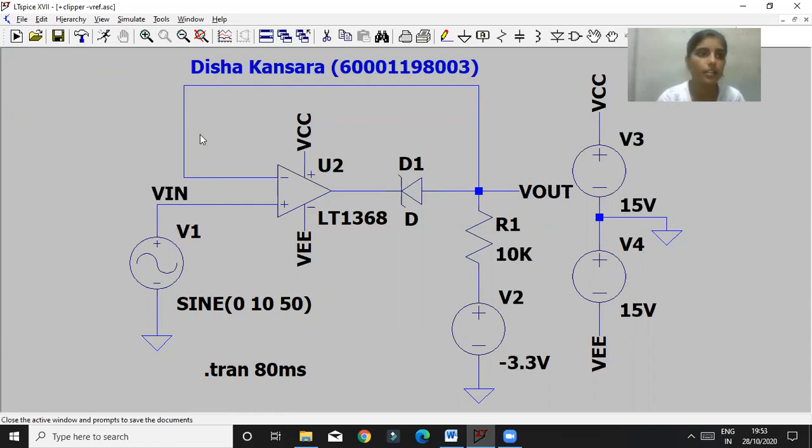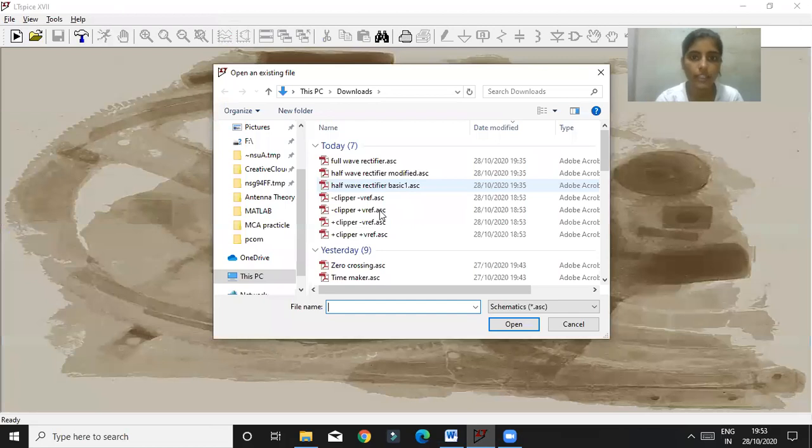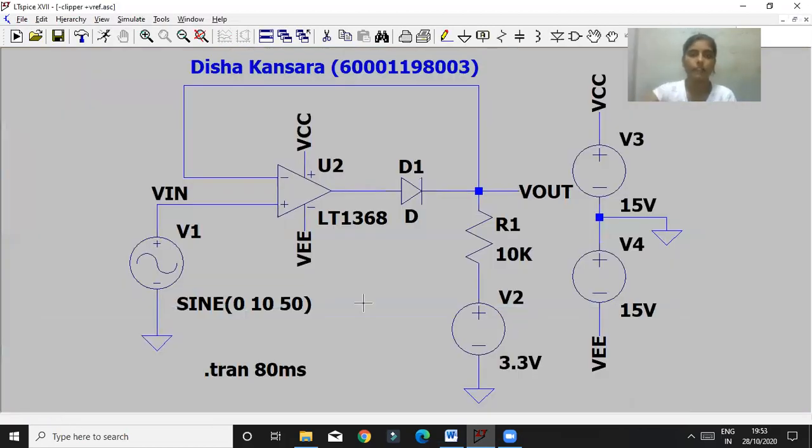Now let's see the negative clipper with positive Vref. For the negative clipper, I used a precision diode instead of a Zener diode, and I applied a positive 3.3 volts and gave the resistor a value of 10k.